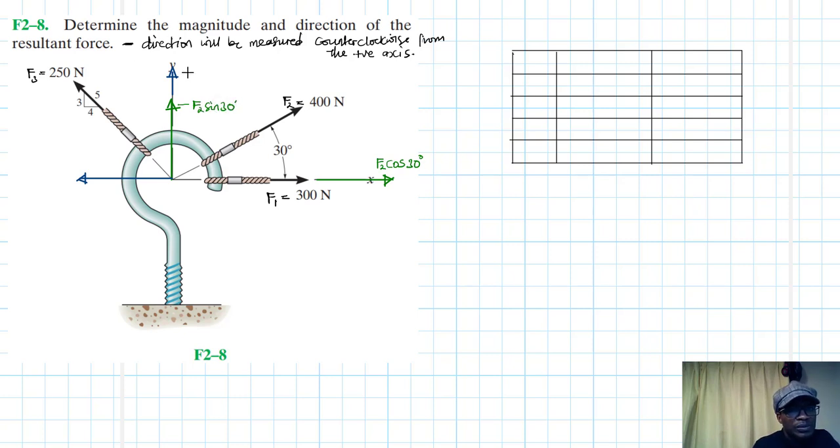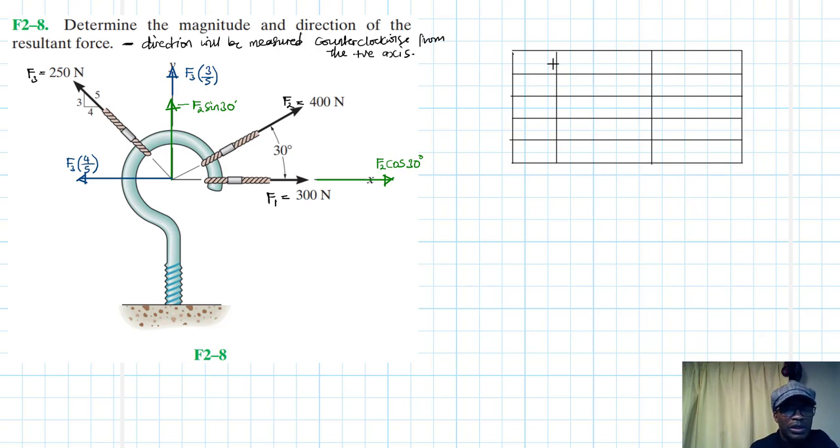This is F3 times the rise, which is 3 divided by 5. This is F3 times the run divided by 5.